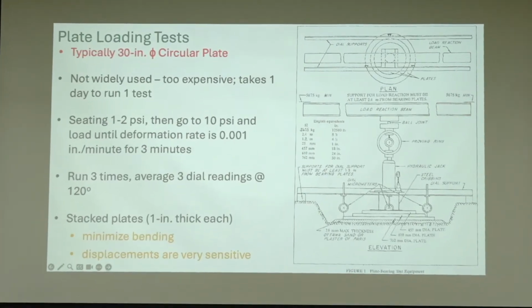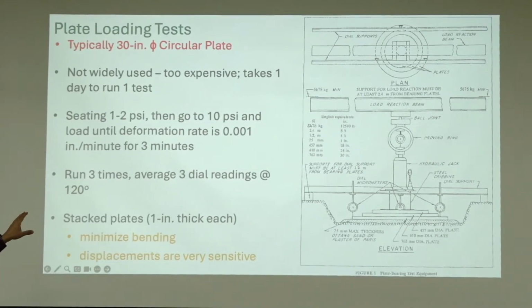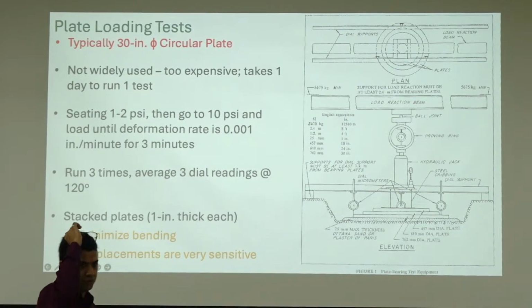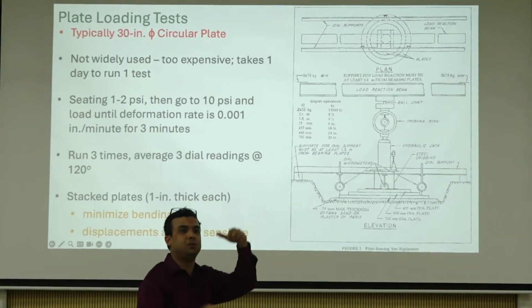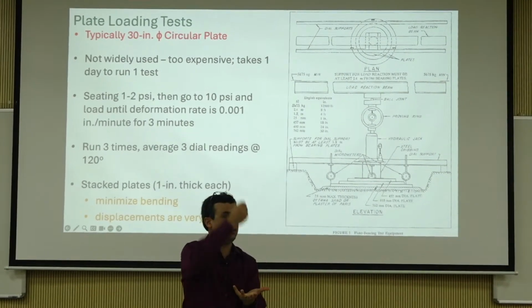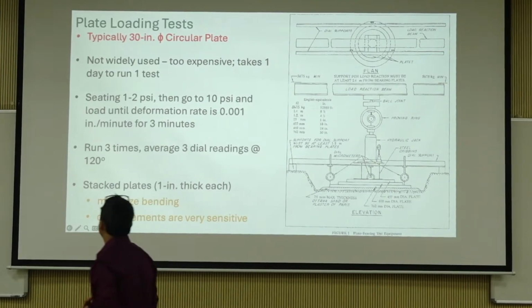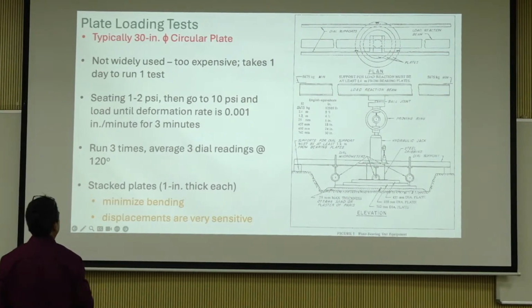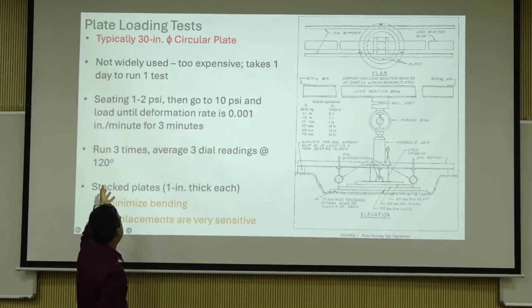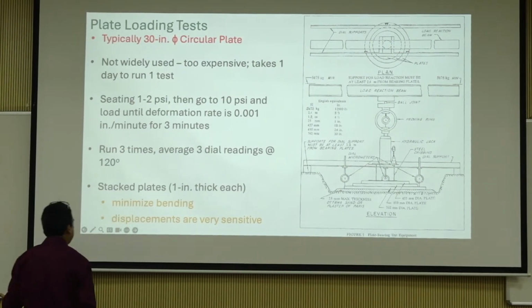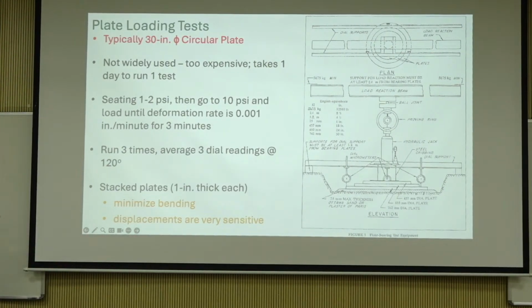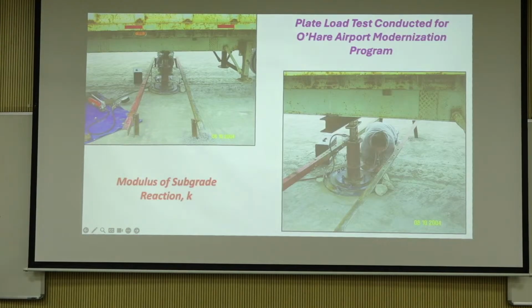It's too expensive. It's very, very time taking because you need to mobilize like a truck, so you have to have like a reaction frame basically. It takes quite a lot of time. It's not very quick, but when you are trying to do airfield pavements and stuff, like this is an example.